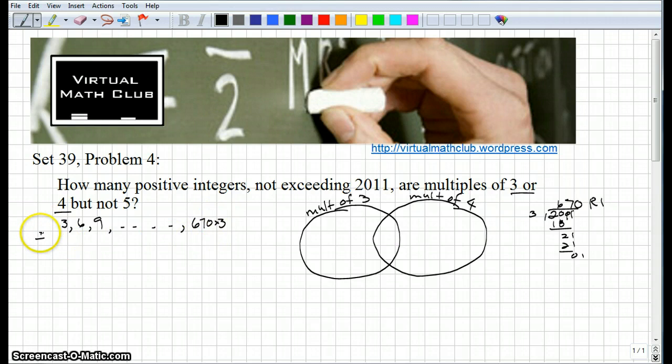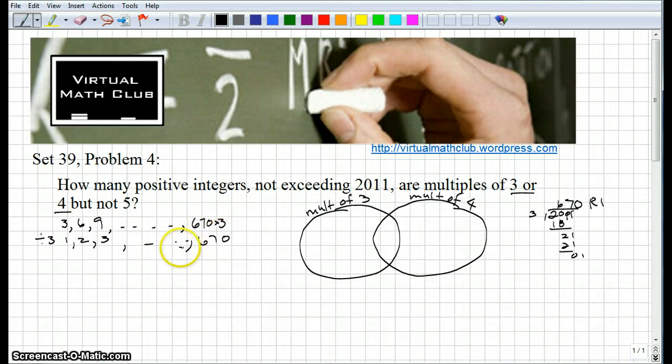If I divide every one of these numbers by 3, I'll still have the same number of numbers, but I'll be able to count them because my list will start with 1 and they'll just be incrementing numbers, right? So 1, 2, 3, and if I want to count up to the last one divided by 3, that's 670.